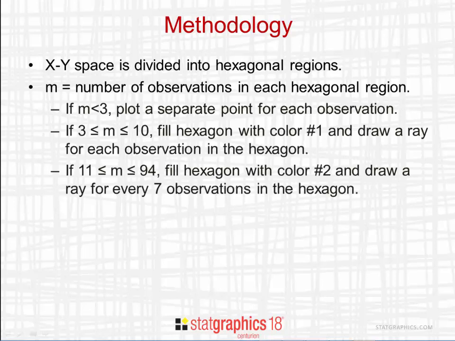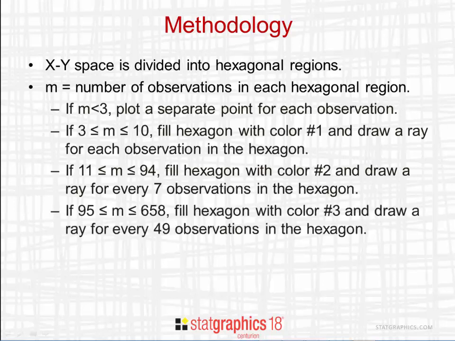If M is between 11 and 94, we fill the hexagon with color number 2. We then draw a ray for every 7 observations in the hexagon. If M is between 95 and 658, we fill the hexagon with color number 3 and draw a ray for every 49 observations in the region.